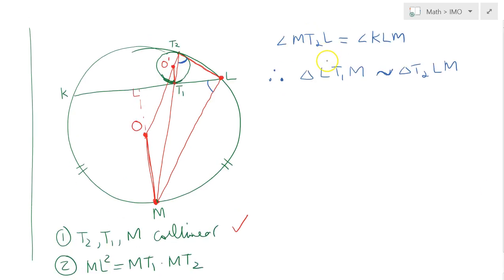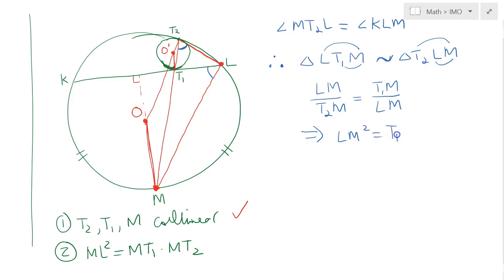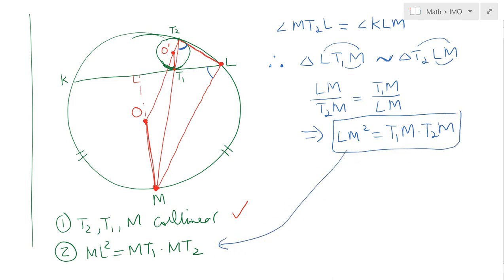For instance, LM to T2M is equal to T1M to LM, further implying that LM squared is equal to T1M times T2M as desired. So we have just proved this beautiful result.